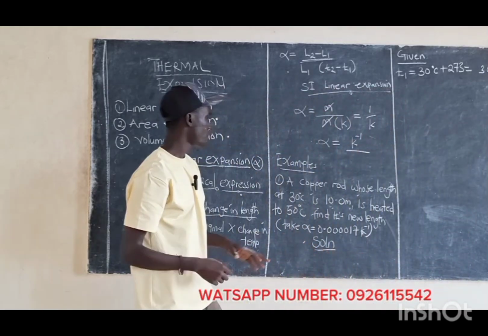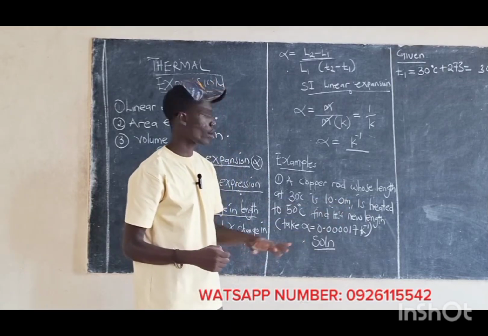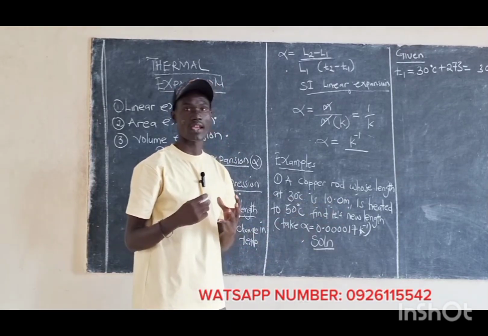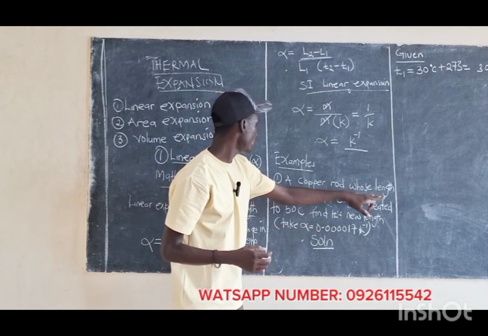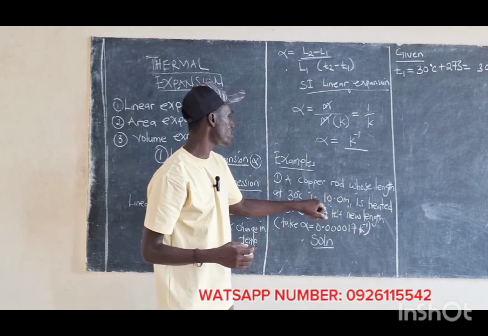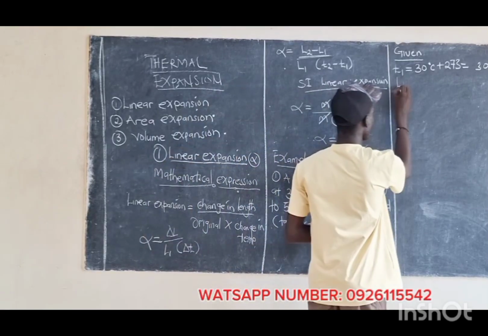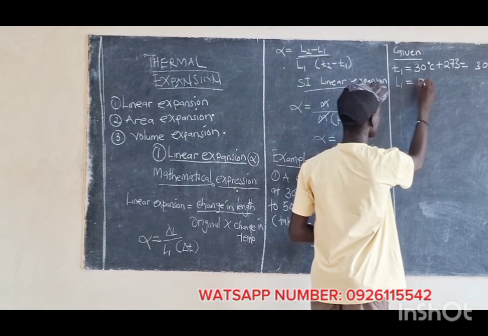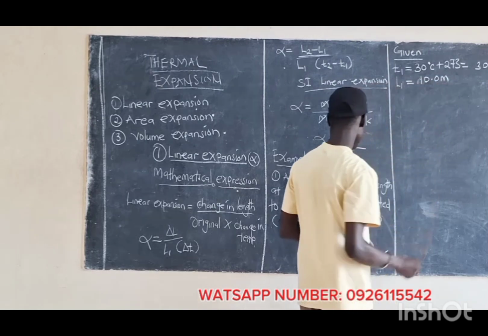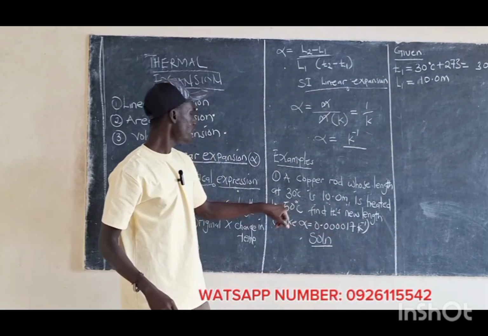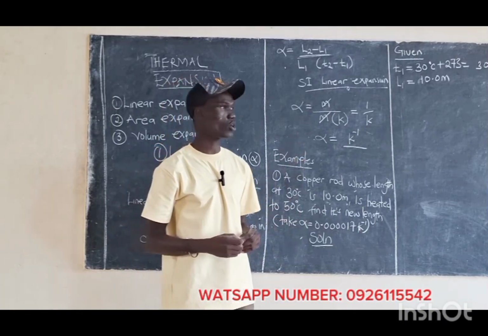We go is 10.0 meters. That means we are also given what? Our L1 is what? A copper rod whose length at 30 degrees Celsius is 10.0 meters. Let's say our L1 is equal to 10.0 meters. It is heated to 50 degrees Celsius. We have now got our temperature 2 also.